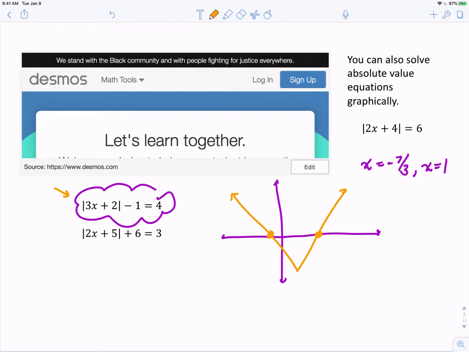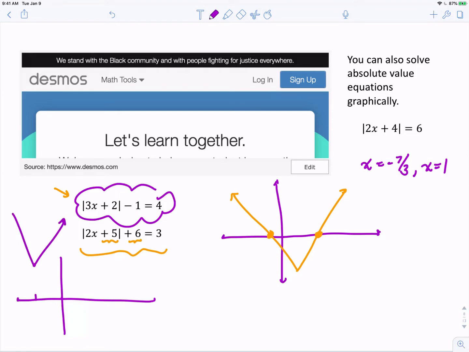What you'll find about the last one that had no solution is that this V-shape is never going to cross the x-axis. I'm not sure where the vertex is, but we could figure it out. It's been shifted left 5 units and up 6 units, and it's probably been squished a little as well. So it's been shifted from 0, 0, left 5, and up 6, and you have a V shape like this.